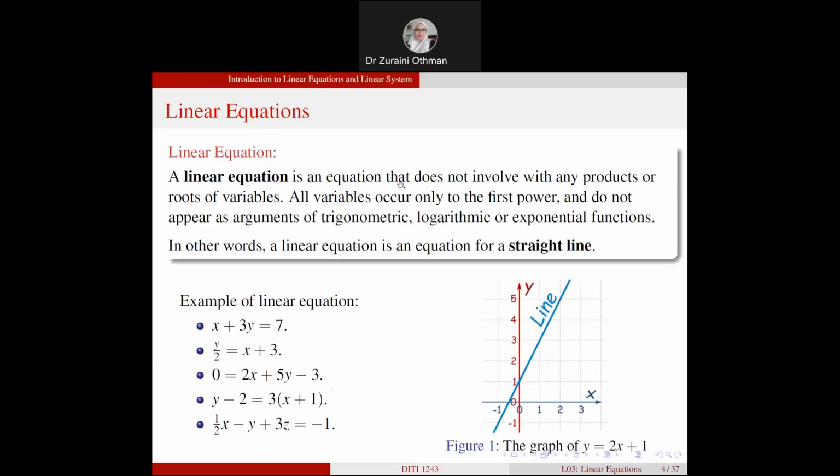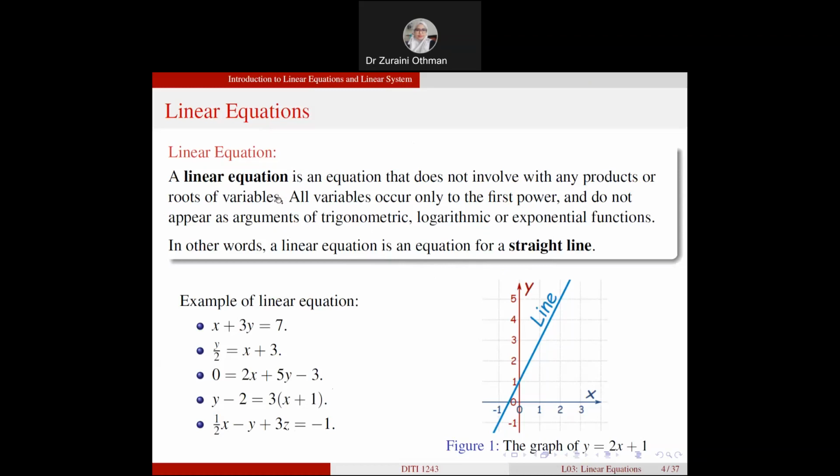A linear equation is an equation that does not involve any product of variables. Because it is linear, all variables occur only to the first power and do not appear as arguments of trigonometric, logarithmic, and exponential functions. Because if we graph the trigonometric, logarithmic, and exponential functions, they are not linear. They have a curve. In other words, a linear equation is an equation of a straight line.